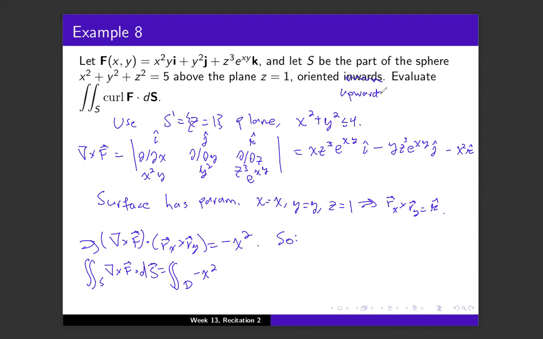I'll fix that when I actually do the thing. Negative x squared dA. Probably the best thing here is to do this in polar coordinates. That becomes integral from 0 to 2 pi, integral from 0 to 2 of negative r cubed cosine squared theta dr d theta.